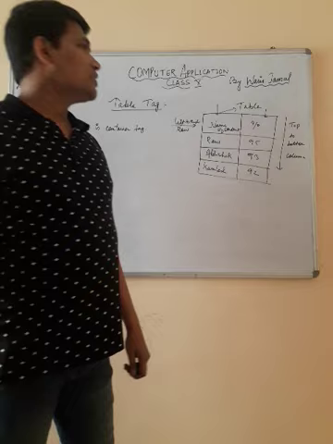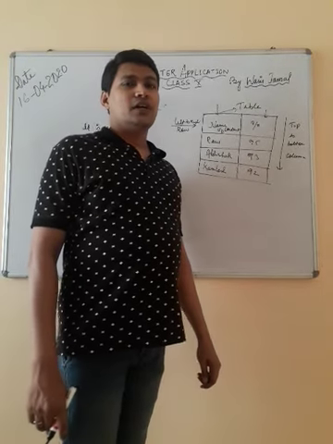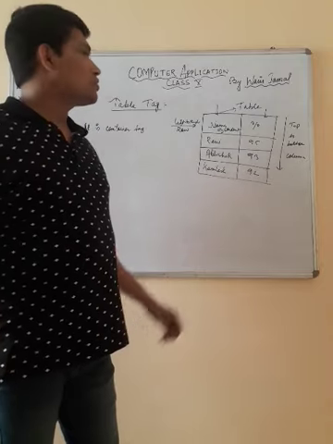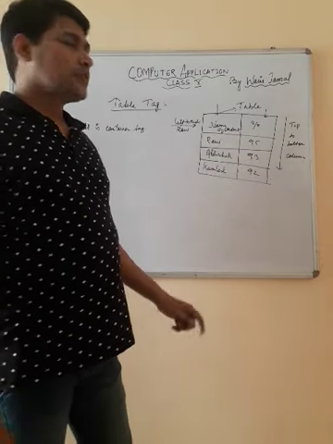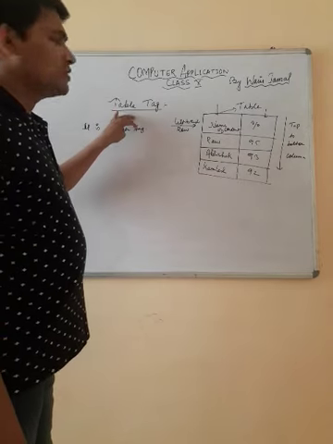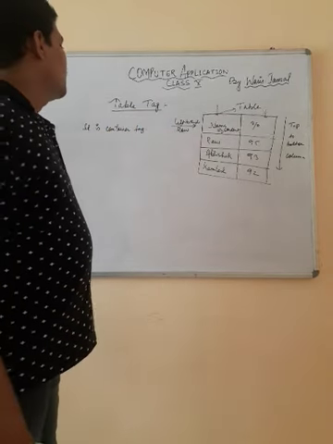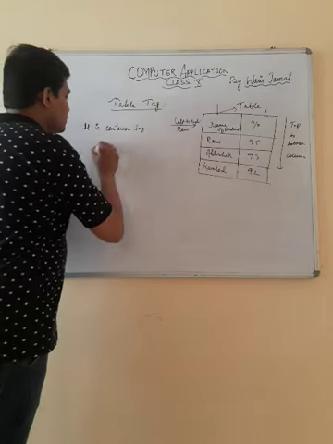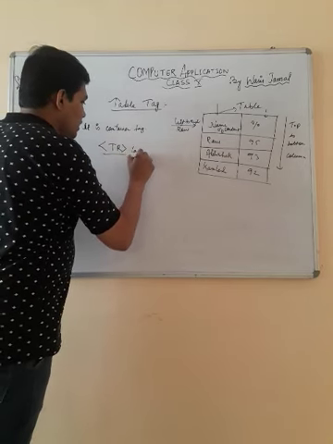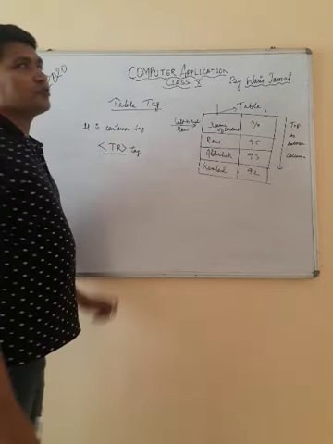Today I am going to discuss the various tags that help you to create a table. The first tag used to create a table is the table tag itself, and the second tag is called the TR tag. TR stands for table row.